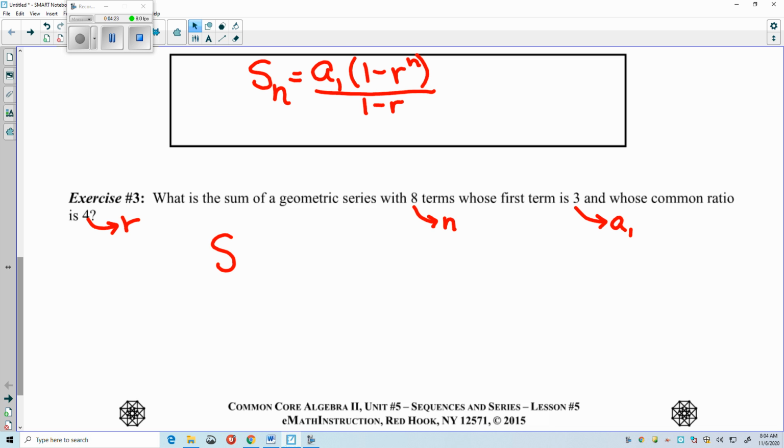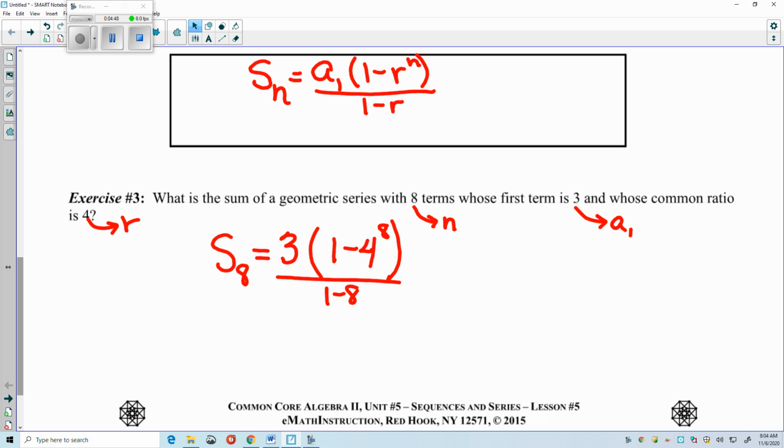I'm trying to find the sum of the first 8 terms. I need a sub 1, my first term, which is 3. I'm going to multiply that by 1 minus 4, since that's the ratio, raised to the 8, since that's the number of terms, and then divide that by 1 minus 4.